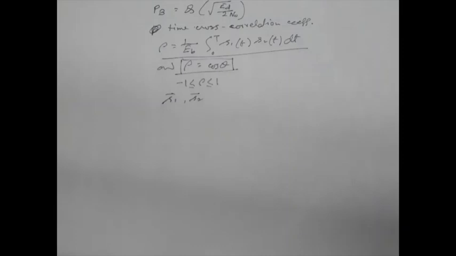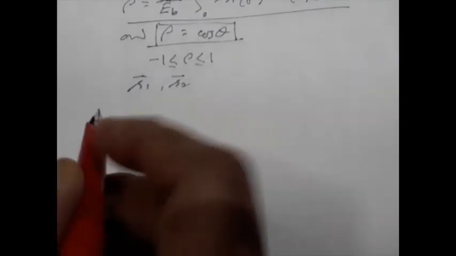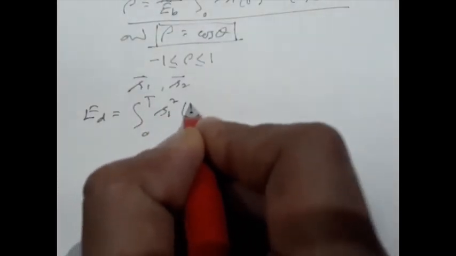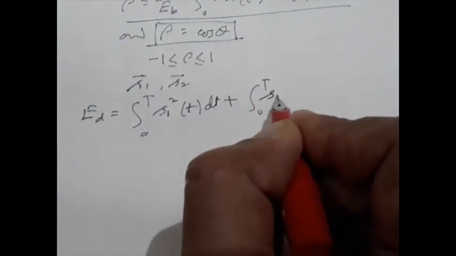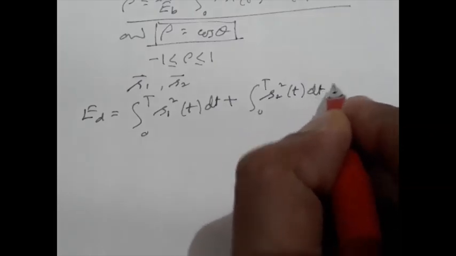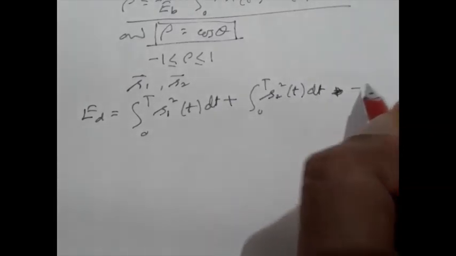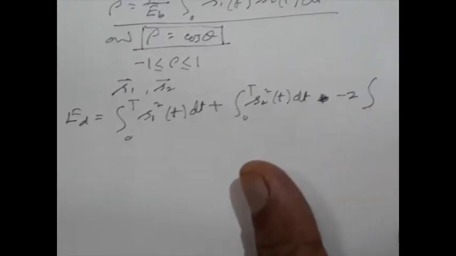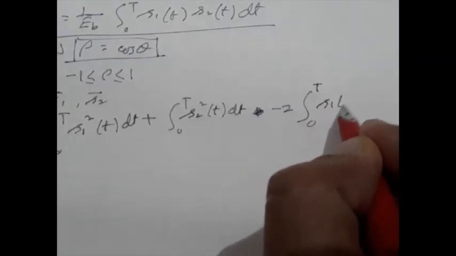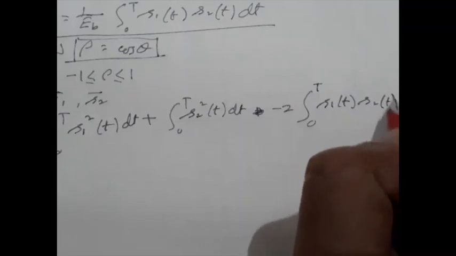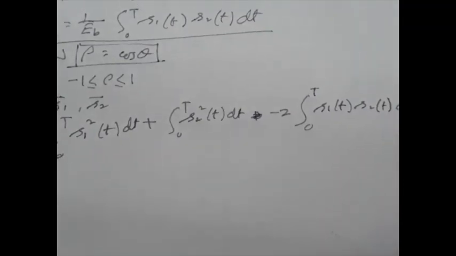So what we do, we expand this expression for ED: integral 0 to T of S1 square (t) dt plus integral of S2 square (t) dt minus 2 times integral 0 to T of S1(t) S2(t) dt.